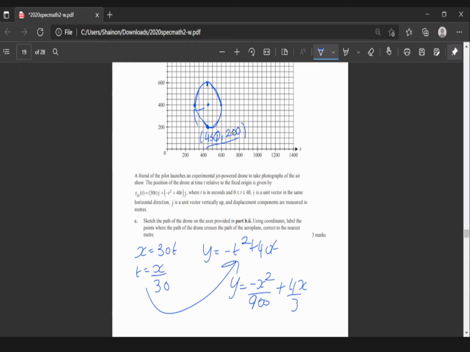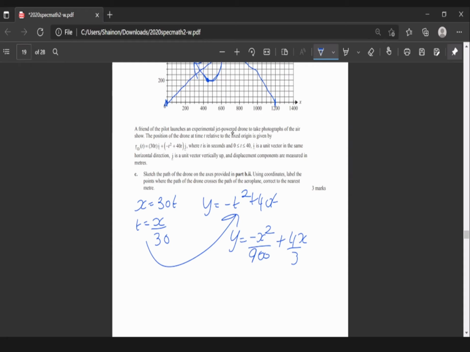And if you plot that, it's going to look something like this. It ends here, 1200, 0, and it goes through this point, so it's going to be like that.